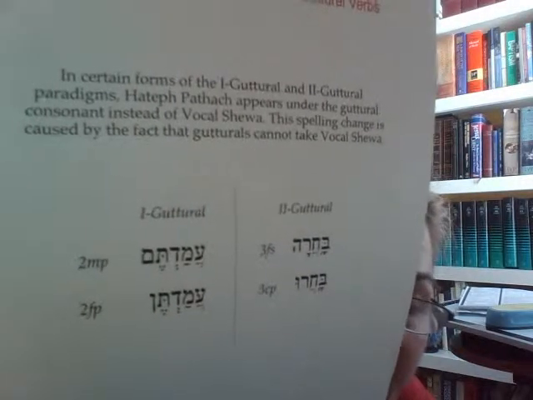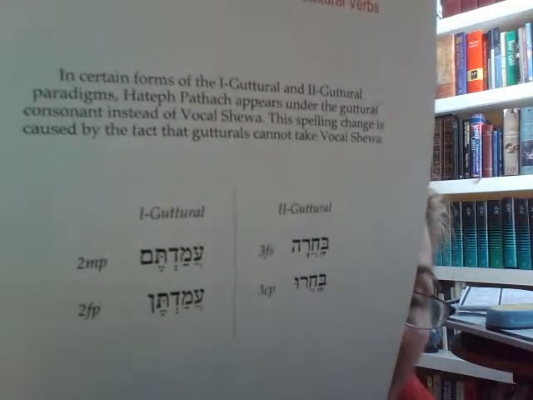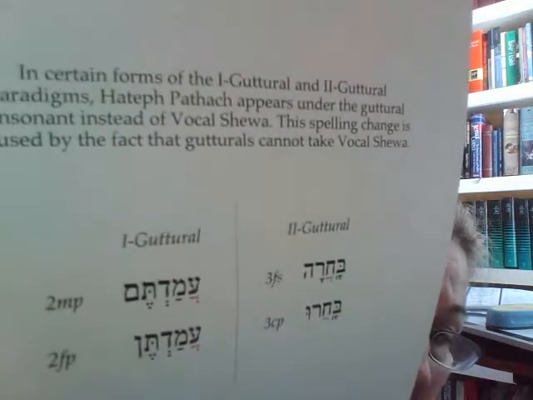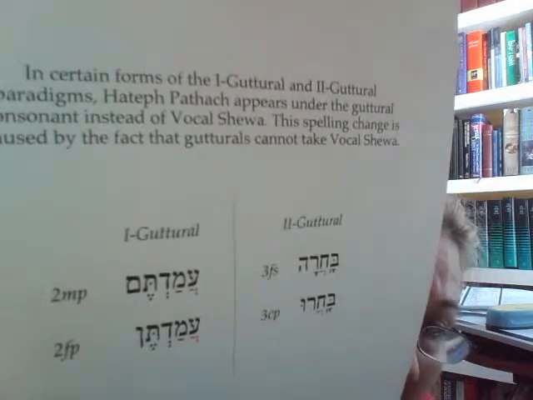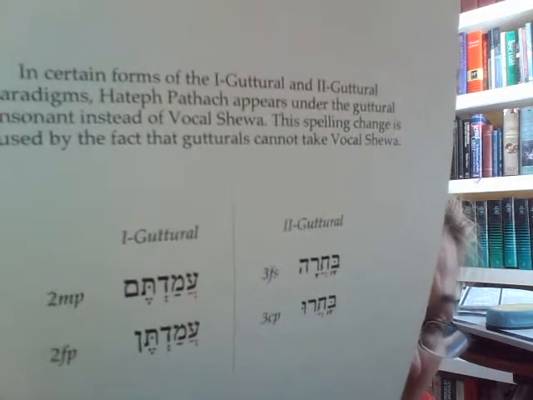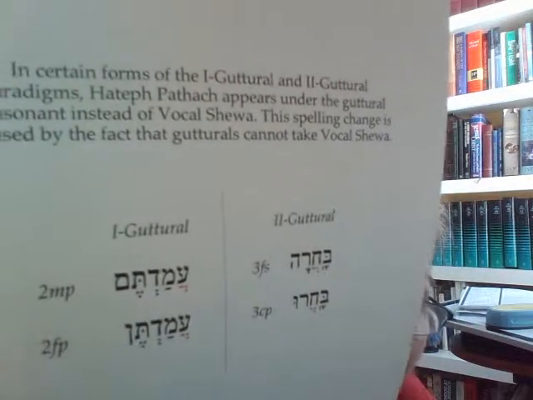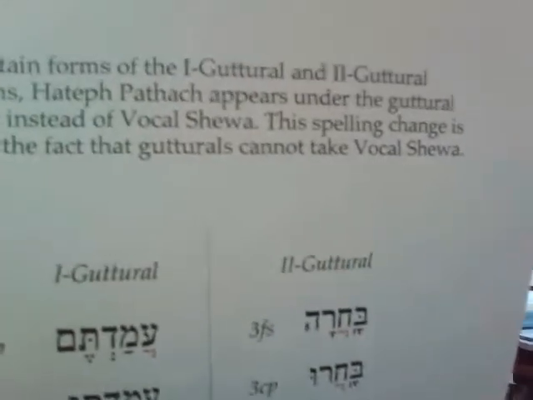This spelling change is caused by the fact that gutturals cannot take the vocal shewa, so they want to lengthen, and the vocal shewa is going to disappear and be replaced by the hatef patach. And this is true for both first and second gutturals.